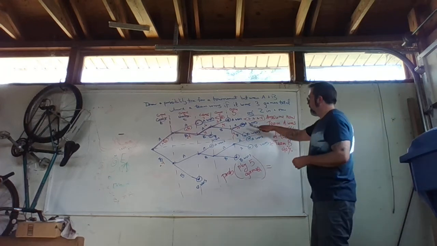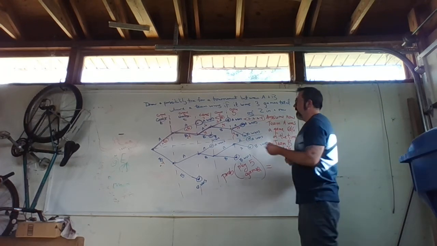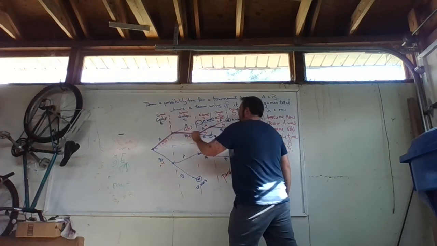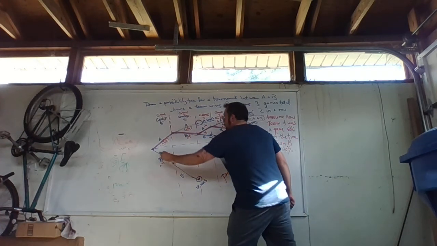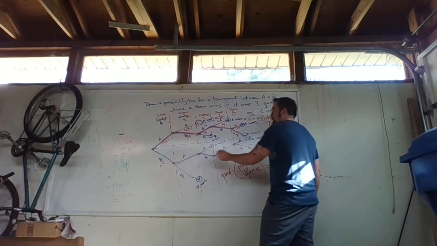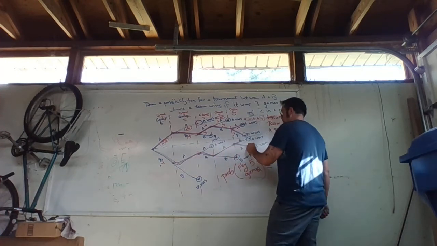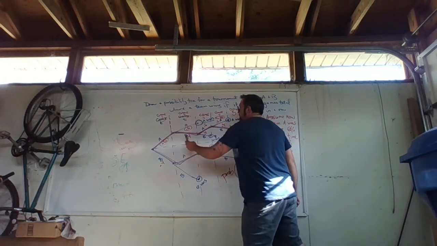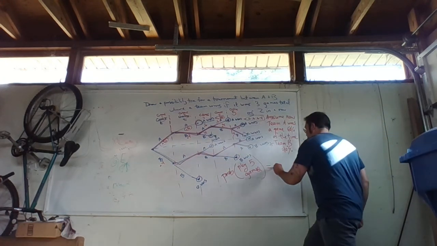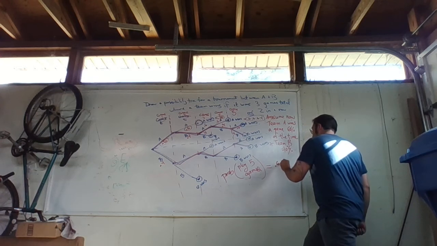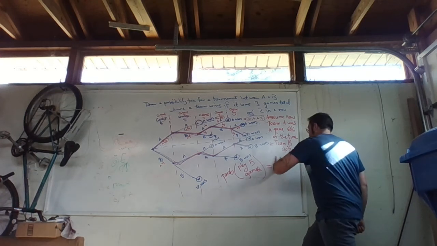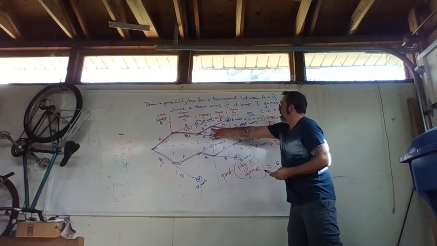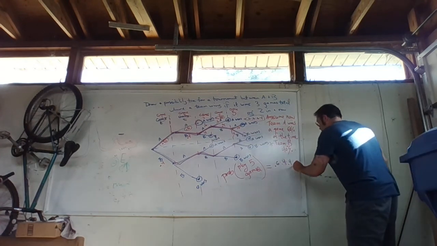So, the largest number of games are by following this path, this path, this path, and this path. So what we want to do is 0.6 times 0.4 times 0.4, and that gets us to there, times 0.4 again.